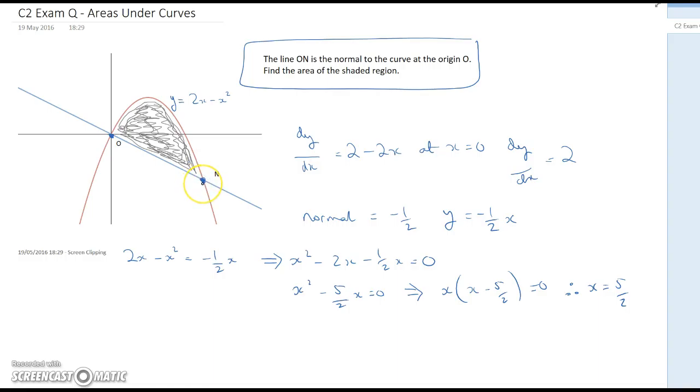Do I need to know the y value? Not particularly. I don't think that's going to help me, so I won't bother. Now as I want this shaded area, if I just integrate the curve between my limits, which is 0 and this x number here, 5 over 2, that's not really going to work because it's an intersection of a line and a curve, and I've also got negative areas.